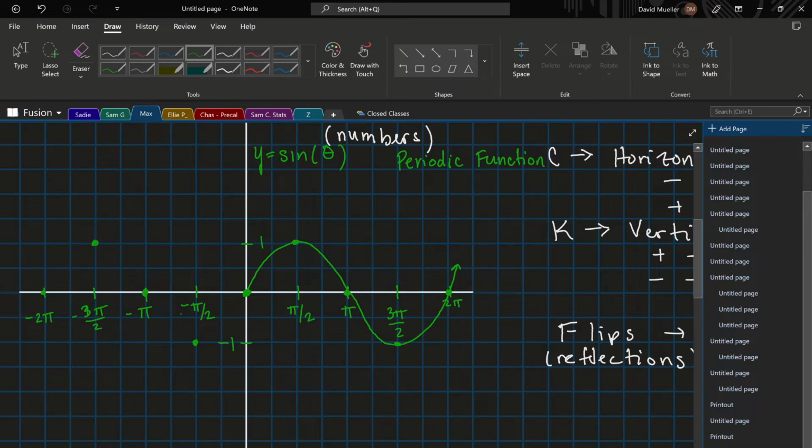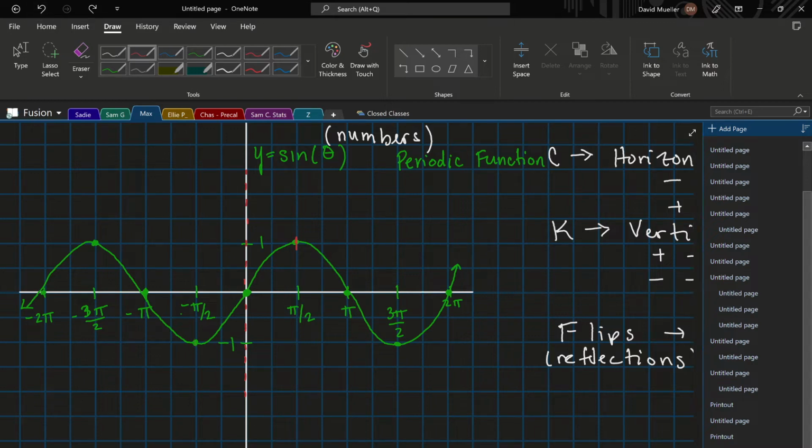So notice that on either side of the y-axis here, the function is anti-symmetric. In other words, it's the same thing flipped, right? So if you go over pi over 2, it's the same thing as negative pi over 2.